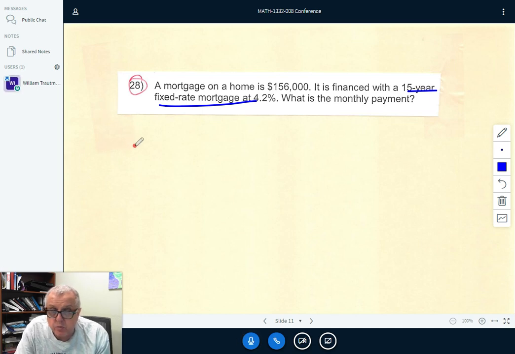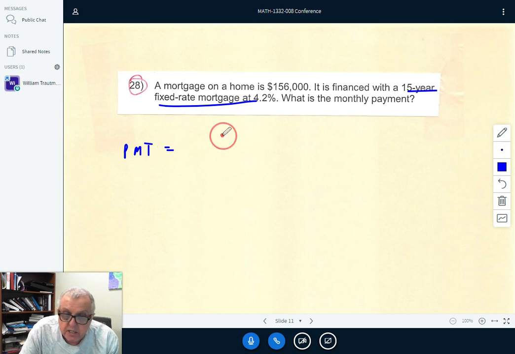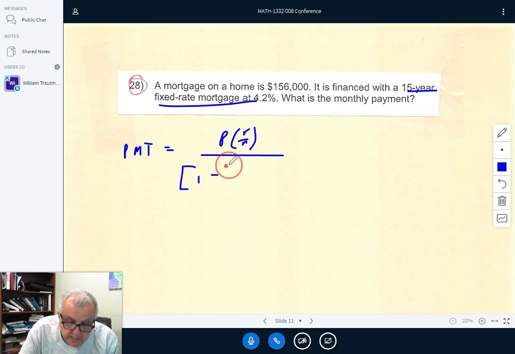When you buy a house or a car, you use the payment formula to find the payment, and it's P times R over N, divided by 1 minus 1 plus R over N to the negative NT, and bracket. So let's try to fill this in.